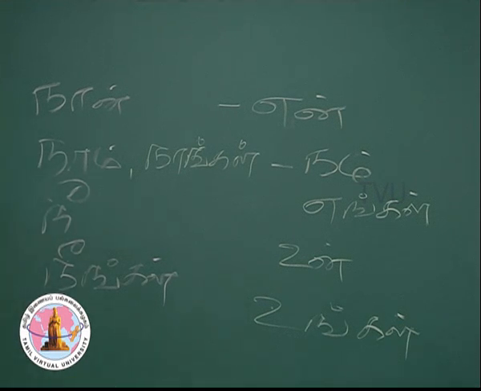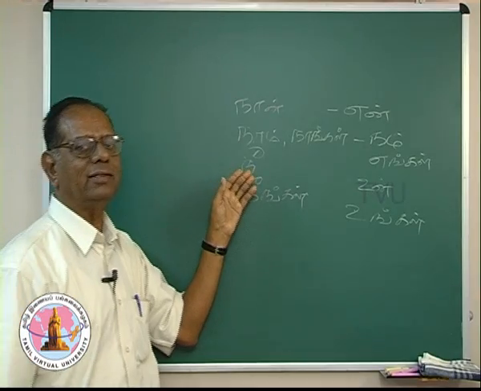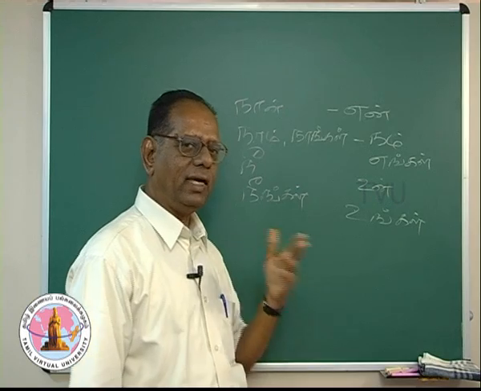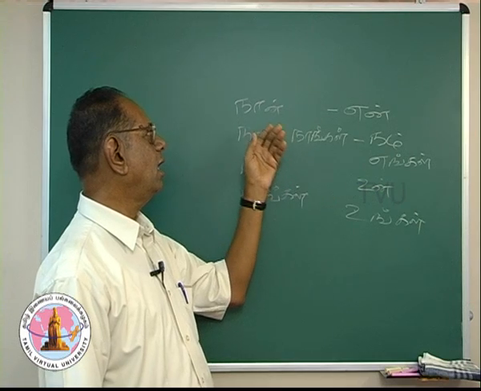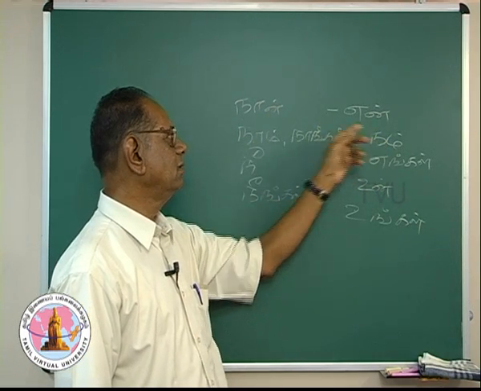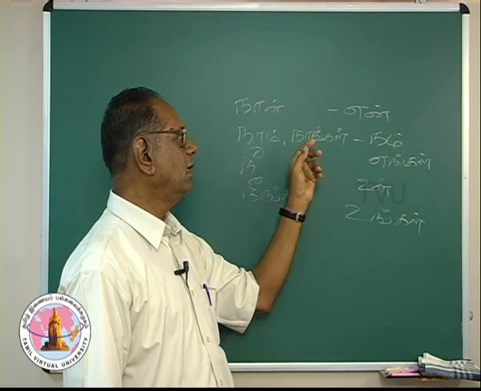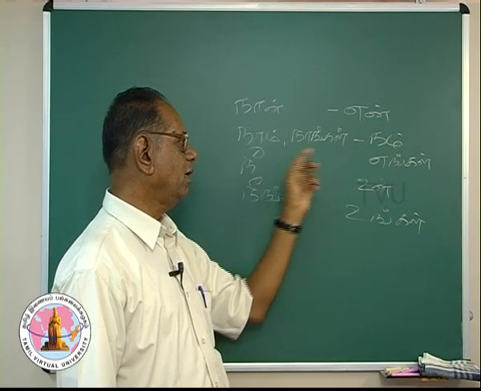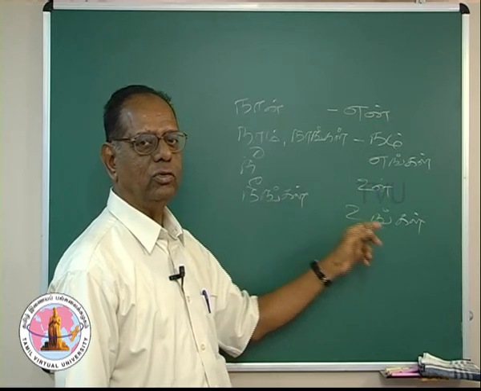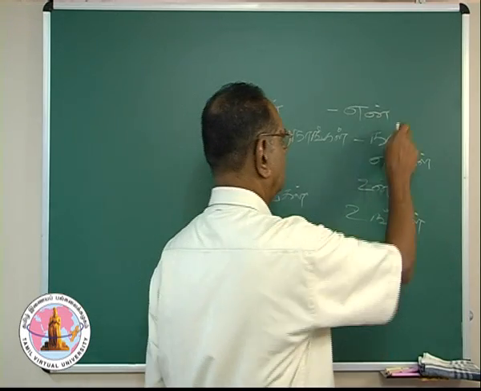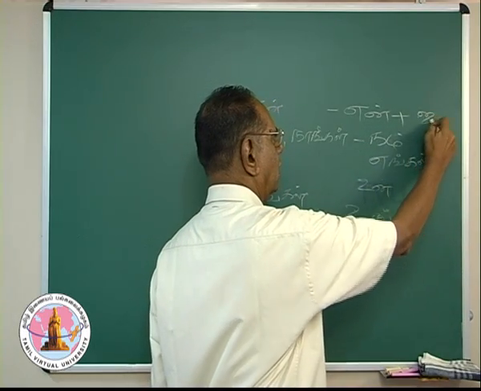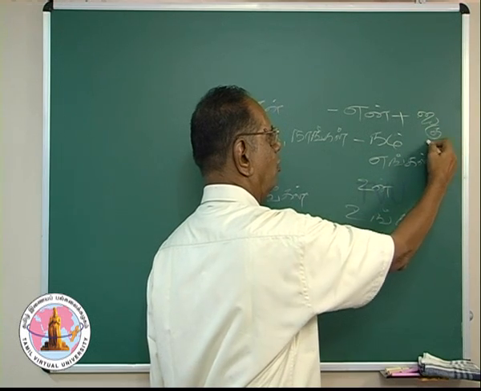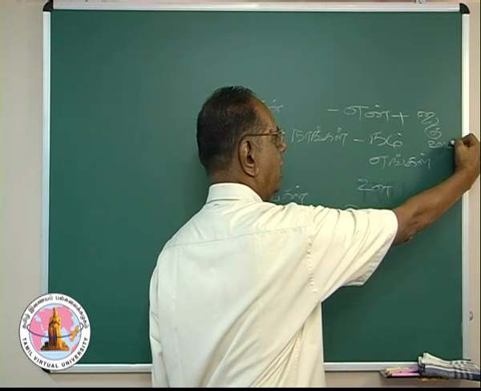Is it clear? These pronouns undergo a change first and then accept the case markers, whether accusative, dative, genitive or whatever it is. Here we saw நான் becomes என் first, நாம் becomes நம், நாங்கள் becomes எங்கள், நீ becomes உன், and நீங்கள் becomes உங்கள். Then they accept the case marker, now we are looking at உடைய.